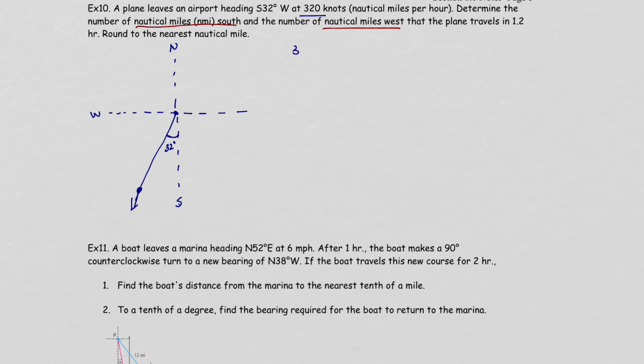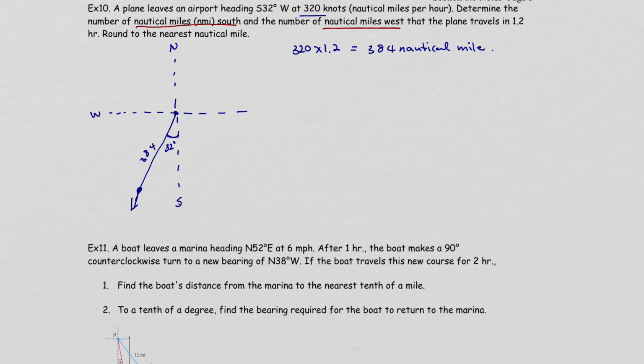Your 320 nautical miles per hour times 1.2 hours will give you nautical miles. So it will be 384 nautical miles. So this distance from the airport to the airplane is 384.